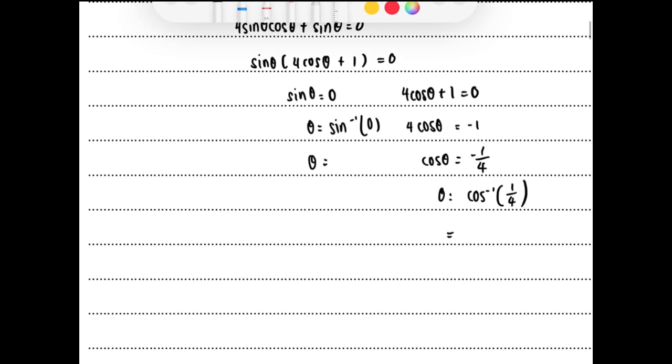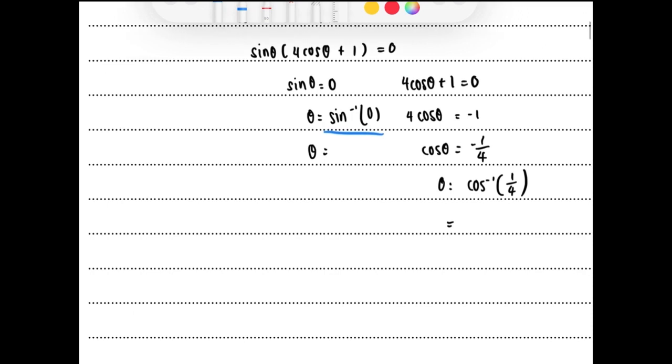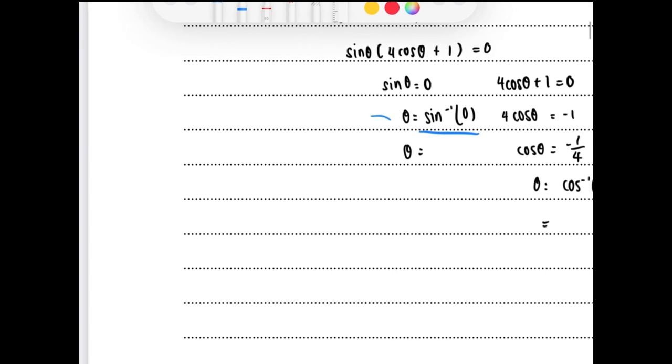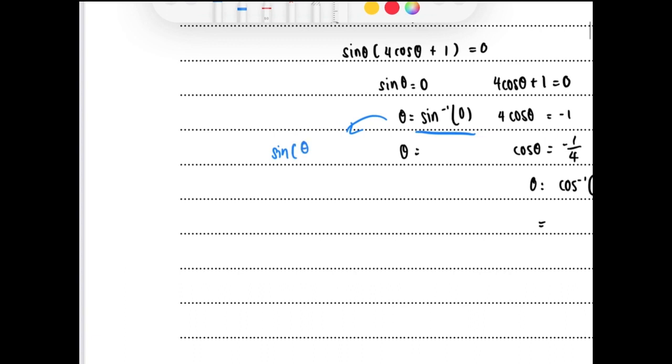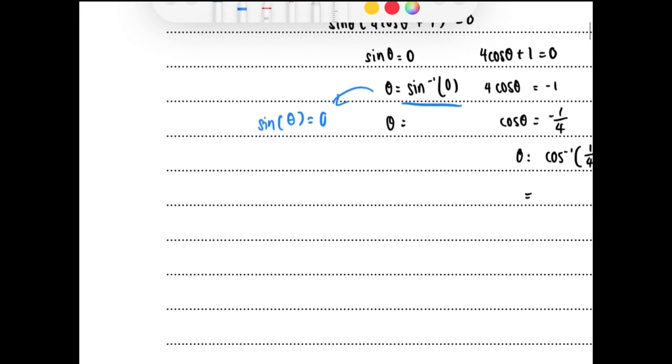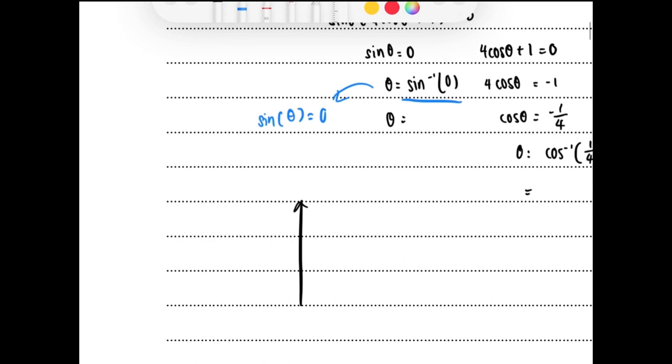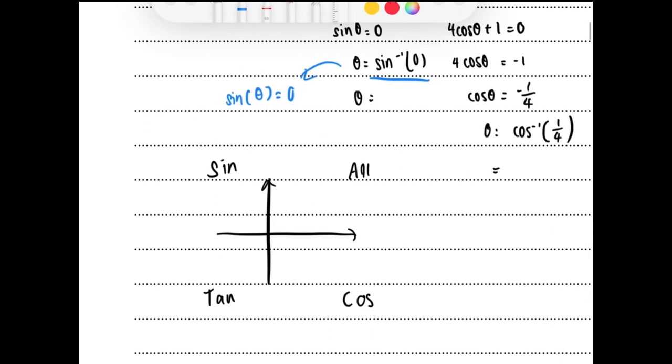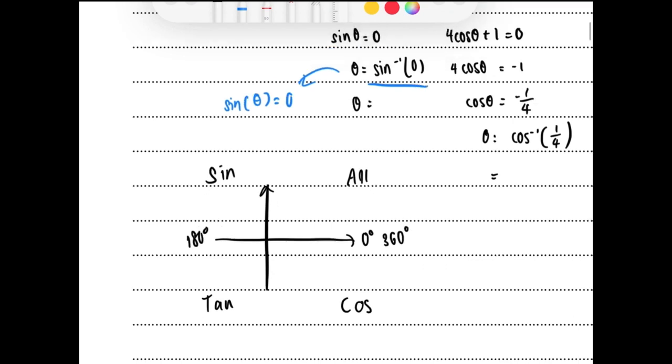Now, at this section, when you see sine inverse 0, you're basically trying to find out what angles will give you 0. So when you face this problem, you would want to remember this graph. There's a good mnemonic for this, and it's basically "All Science Teachers Are Cute": all, sine, tan, cos. Now we all know that this is 0 degrees, 360 degrees, this part is 180.